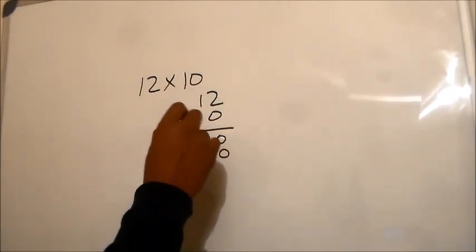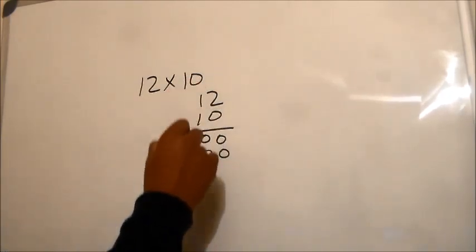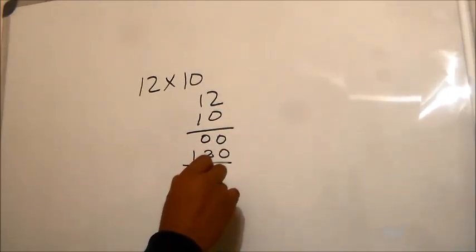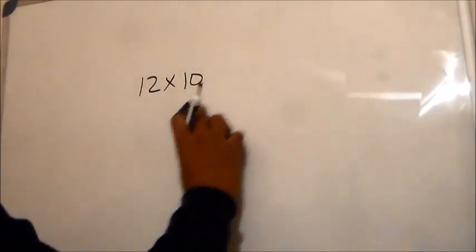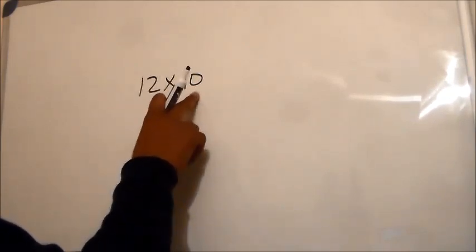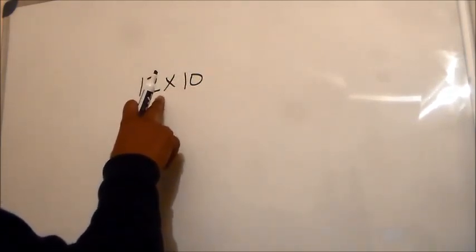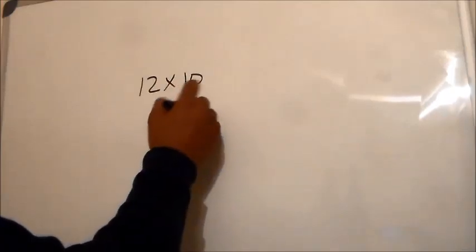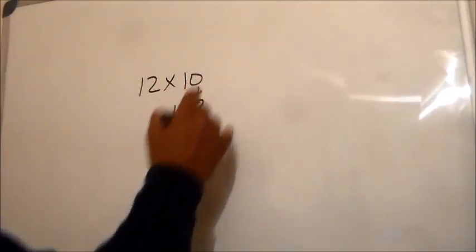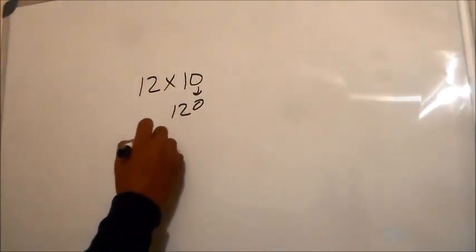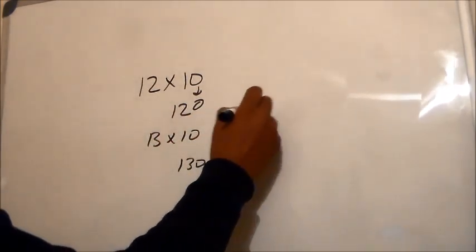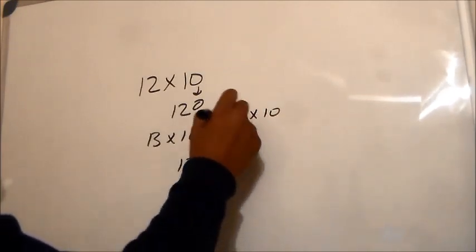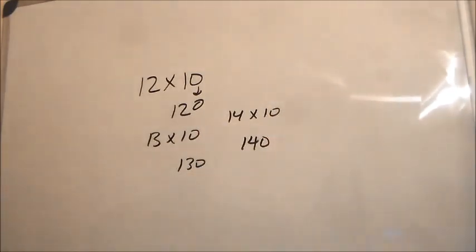Another 0 down for a second row. 1 times 2 is 2, and 1 times 1 is 1, and the answer is 120. You could do it like that. If you have a good grasp of numbers, when anything is multiplied by 10, all you do is add a 0 to the number. So if 12 is multiplied by 10, all we have to do is just add a 0, 120. If 13 was multiplied by 10, 130. If 14 was multiplied by 10, 140 would be the answer.